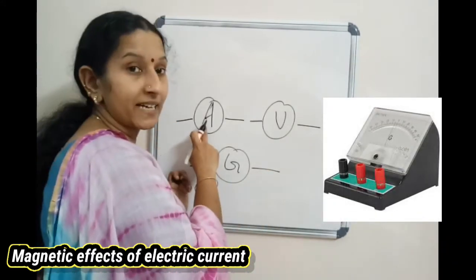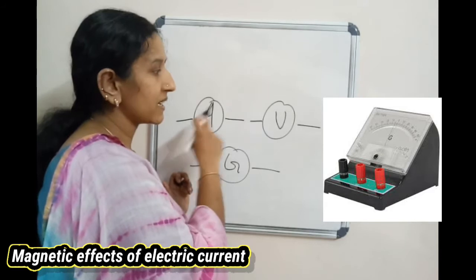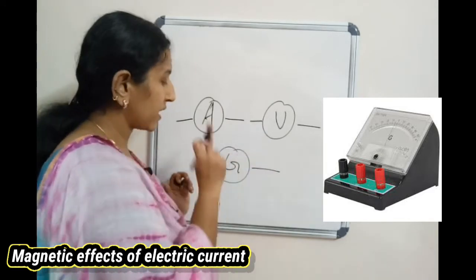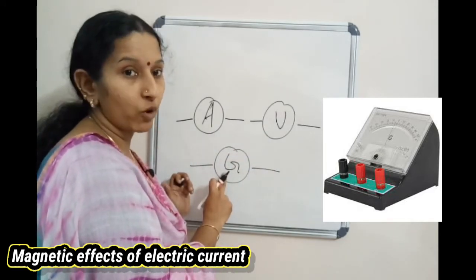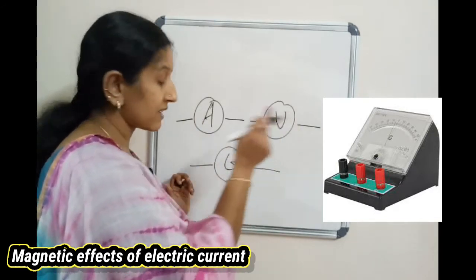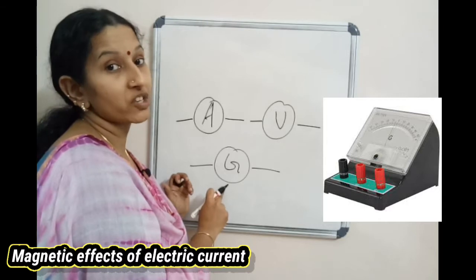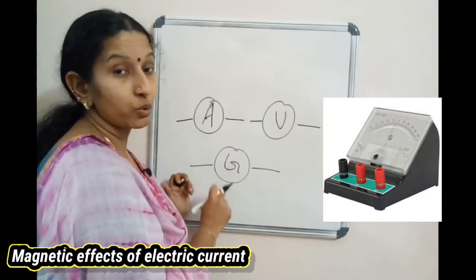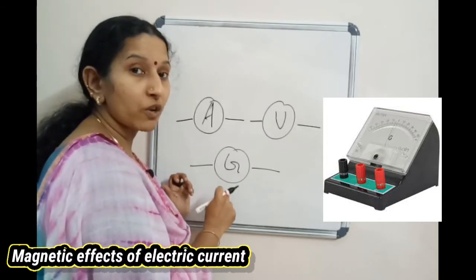If there is the letter A inside the circle, it is an ammeter, if it is V, a voltmeter, and if it is G, that is a galvanometer. One measures the current, one measures the potential difference, and the galvanometer is used not to measure but to check the presence of current.